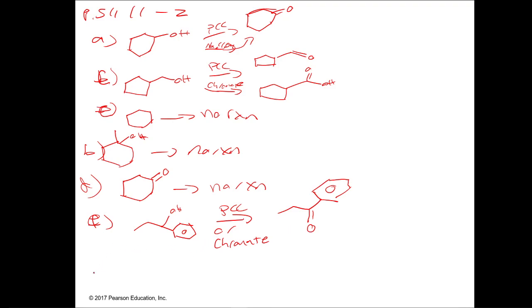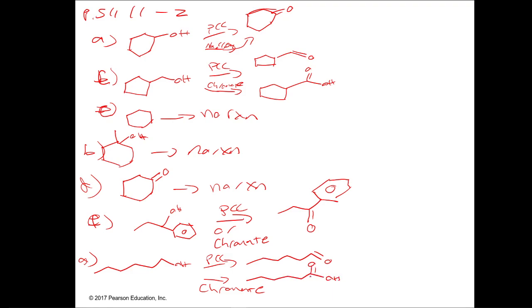Hexan-1-ol. Here, G. Hexan-1-ol, right? PCC will give me the aldehyde and chromate will give me the carboxylic acid.